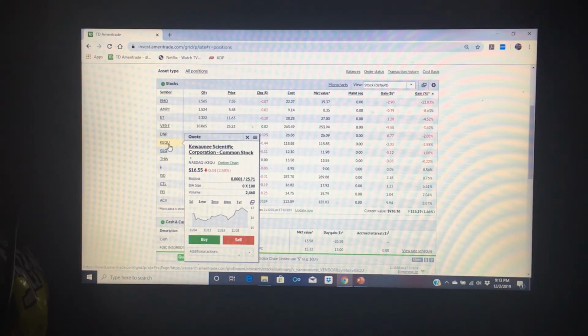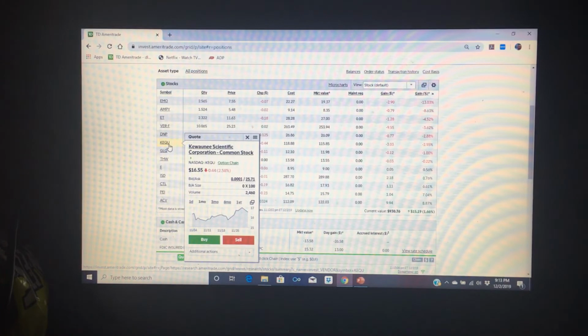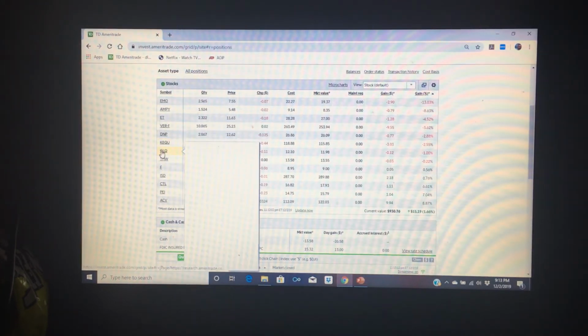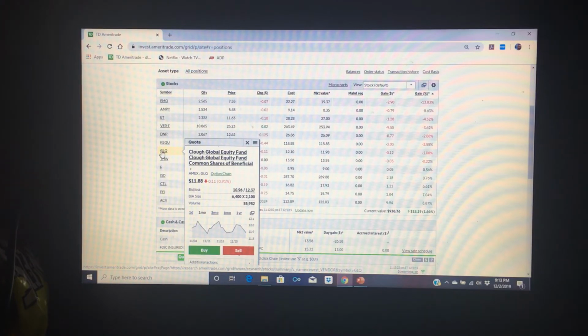KEQU, Kewanee Scientific Corporation. They build medical furniture for like doctors' offices and hospitals. GLQ, Global Equity Fund. It is another exchange traded fund where there is a holding of several different companies. It has a money manager.